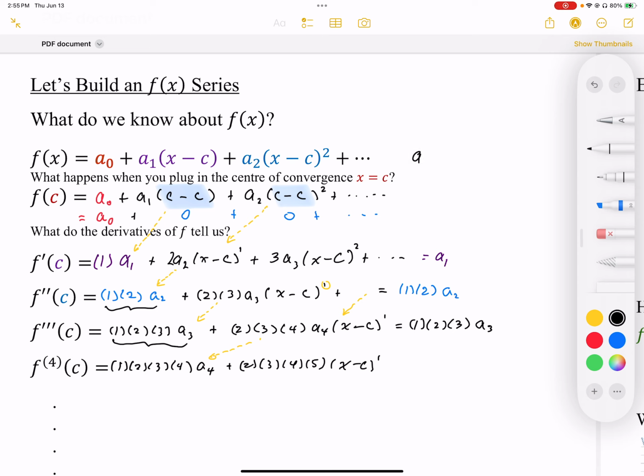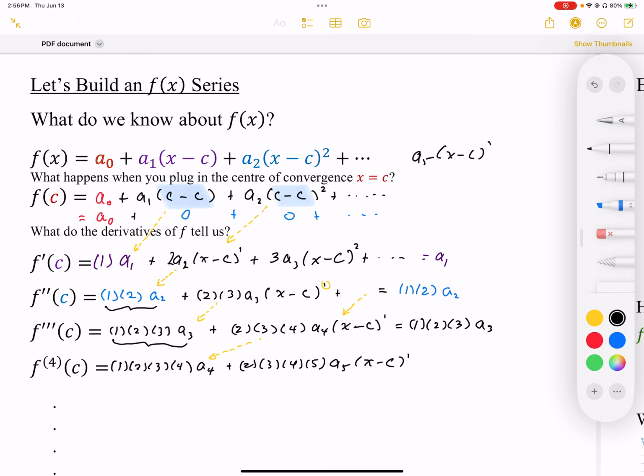So that one would have been looking like this, a5, oh, I forgot my 5 in here. That has an a5 attached to it, and that would have been this term here.